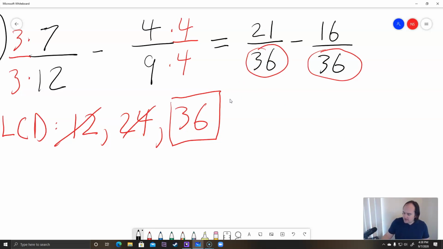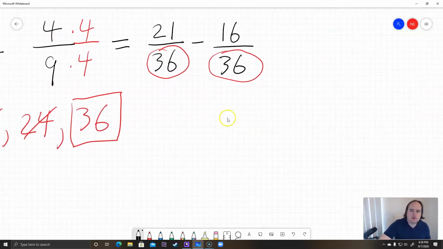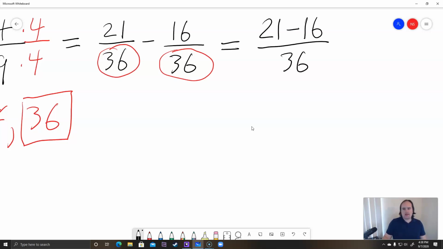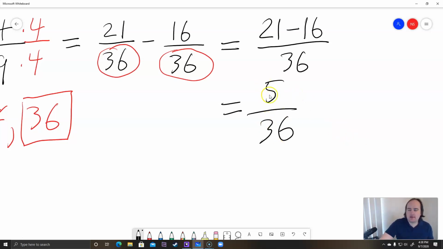So that's going to give us 21 minus 16 all over 36. And what's 21 minus 16? Well, it's 5. So we actually get 5 over 36. Okay? And then 5 and 36 don't have any common factors. So 5 over 36 is our answer.